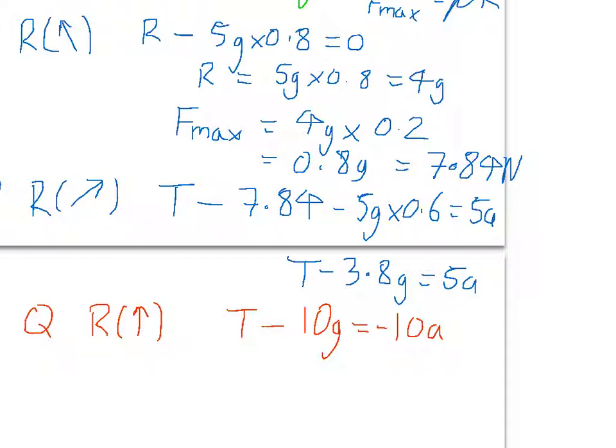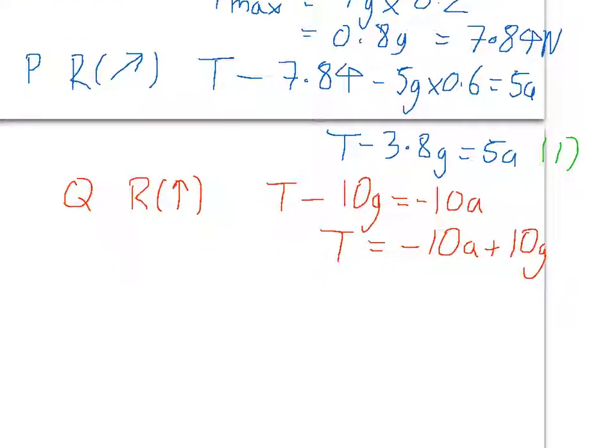Right, now if we rearrange this equation to make T the subject, then we can substitute it into the first equation. So we rearrange this and get T is equal to minus 10A plus 10g. If we sub that into number 1, then we're going to be able to find out what the acceleration is.